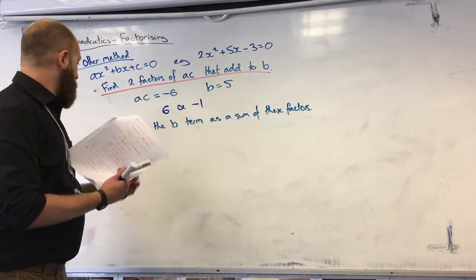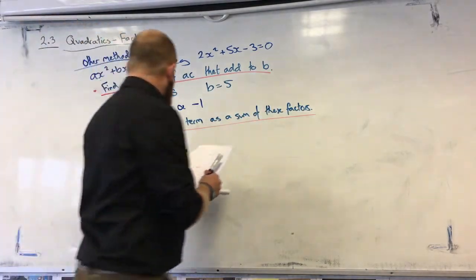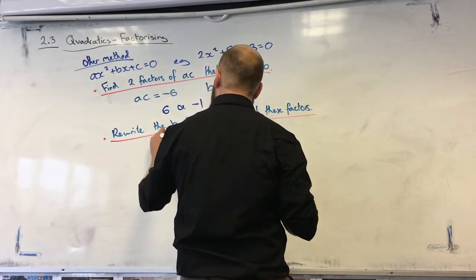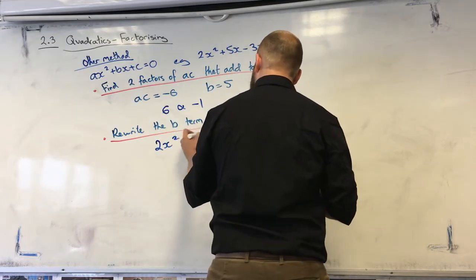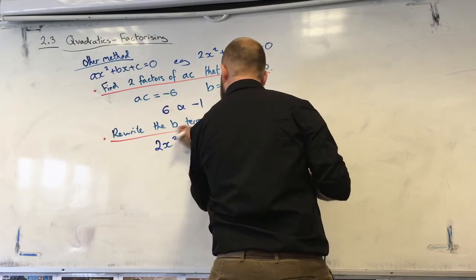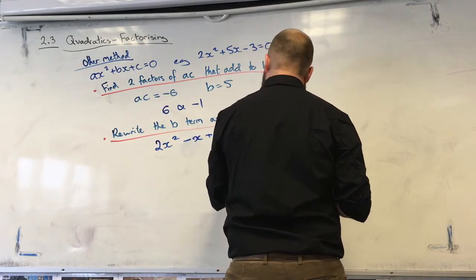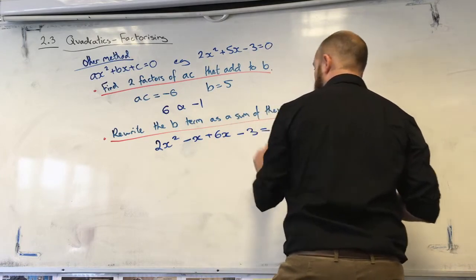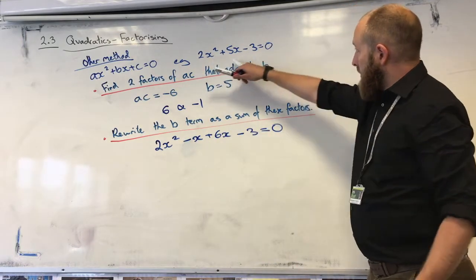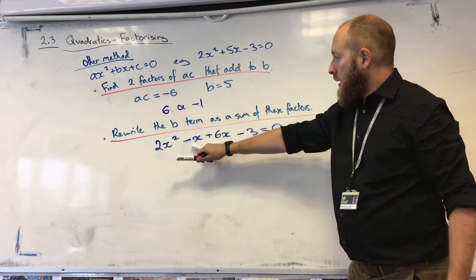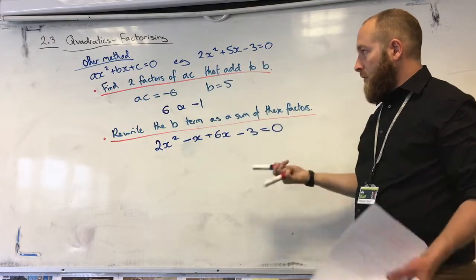So basically we'll say 2x squared still, plus, or we'll do the other way around actually, minus x plus 6x minus 3 equals 0. So our equation is still the same as before. We've just, instead of writing 5x, we've written minus x plus 6x, which if you do the maths, does equal 5x.